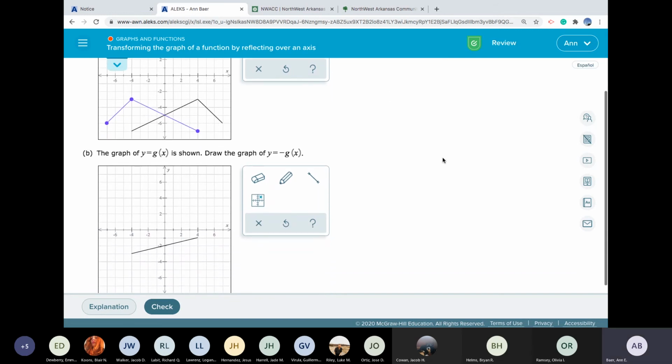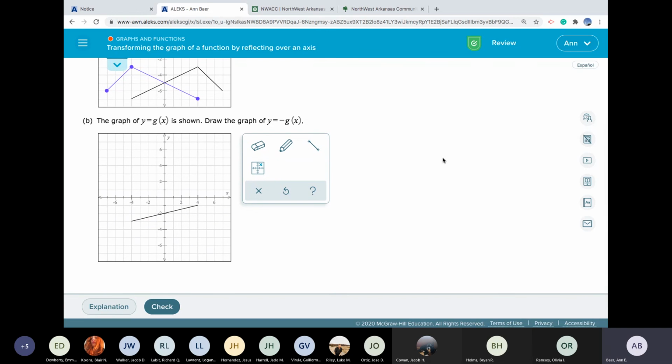So let's go do the next problem. Same methodology. Go from left to right and get the endpoints. So this is straight up, -4. Going to write down the ordered pairs.